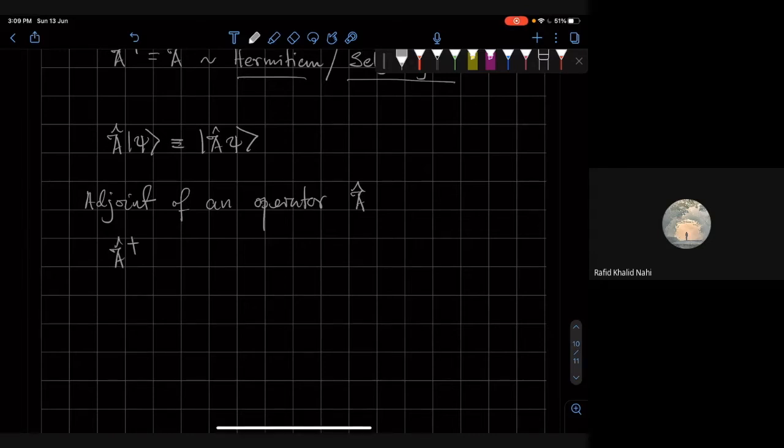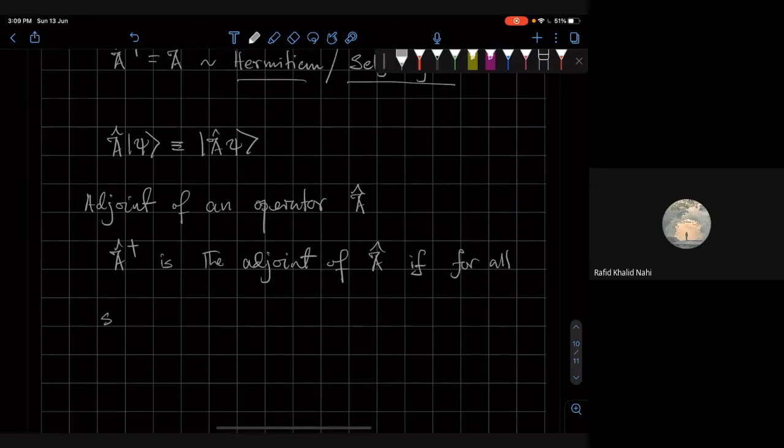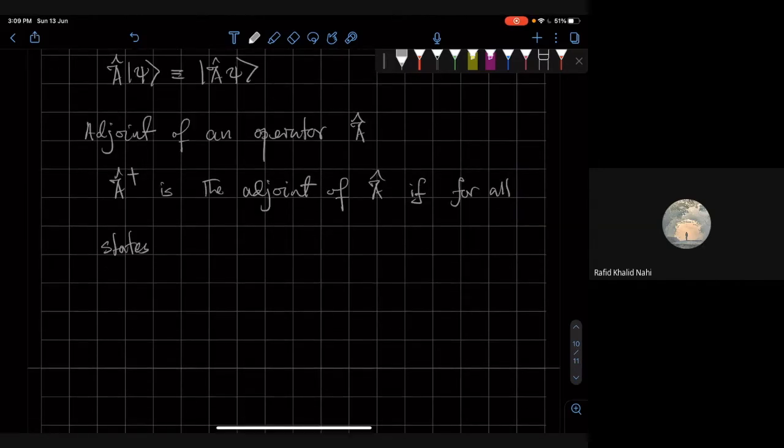And A dagger is the adjoint of A if for all states it satisfies the following condition.